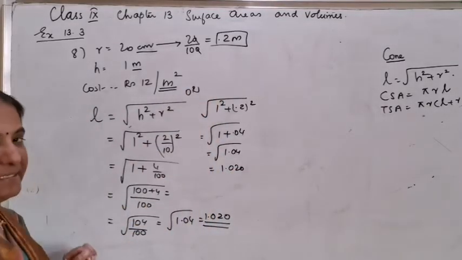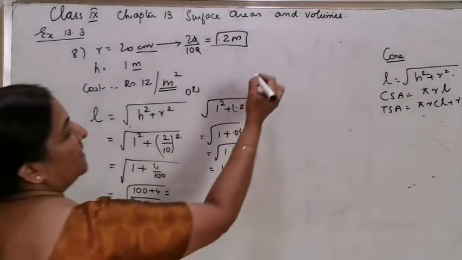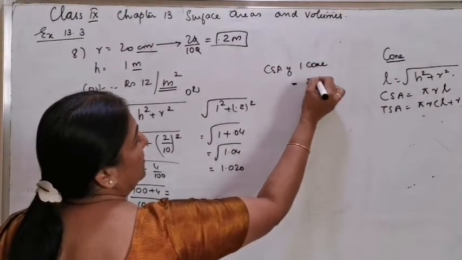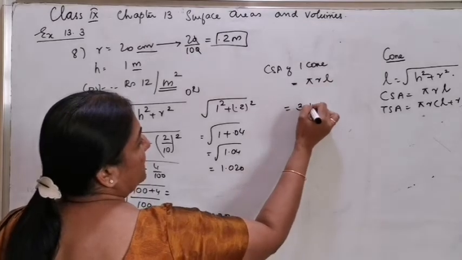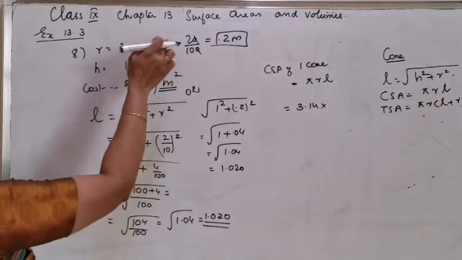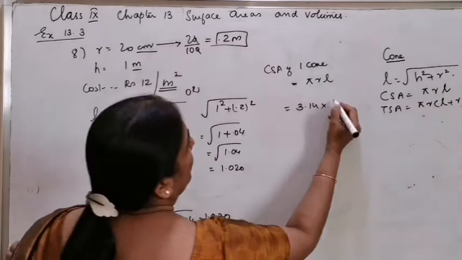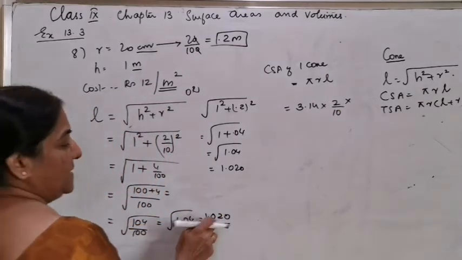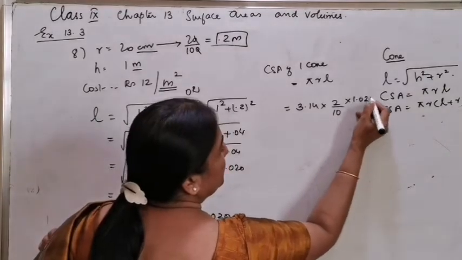Both ways you can take it. And now curved surface area of one cone is equal to pi r l, 3.14 into radius 0.2 or 2 by 10 you can take, into the slant height, given as 1.020.